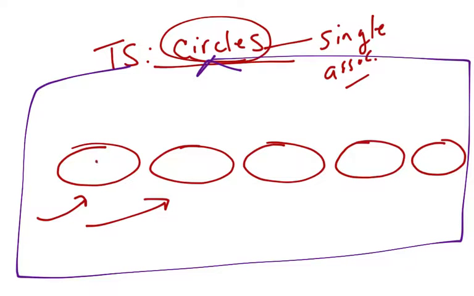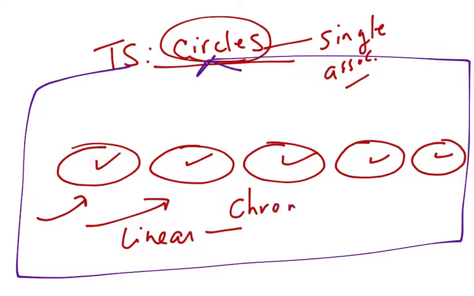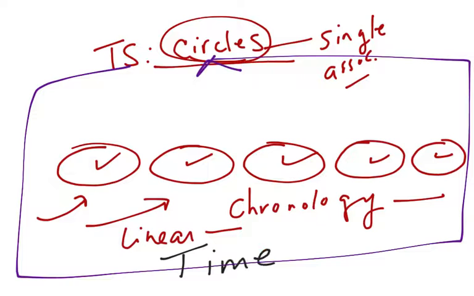So when we look at the pieces of evidence, they appear to us sort of in a linear fashion, and they look to us in our head to follow a certain chronology. And so this organizational method is to organize by time.